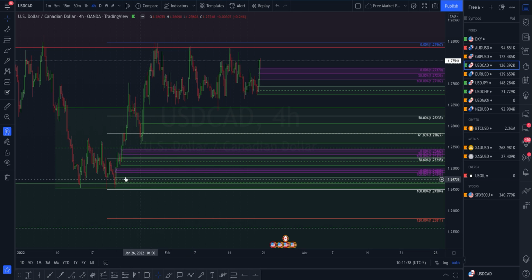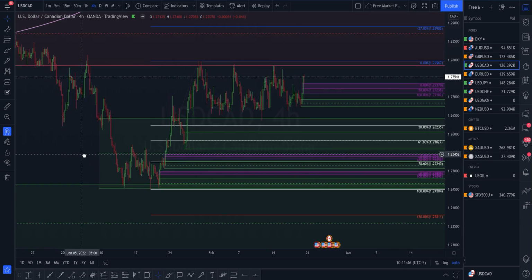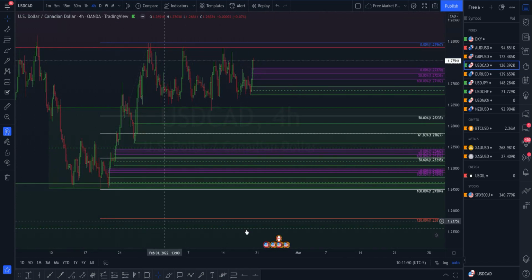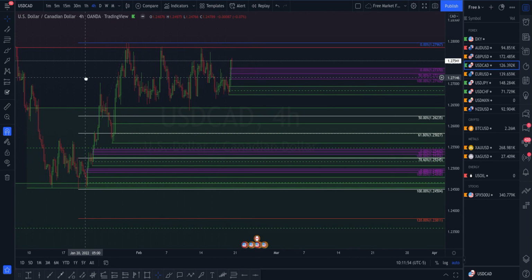I mean, we could come all the way back and get a triple bottom type deal into this institutional demand zone right here. So we have several areas where we could possibly take trades from. But of course, you want to wait on confluence.